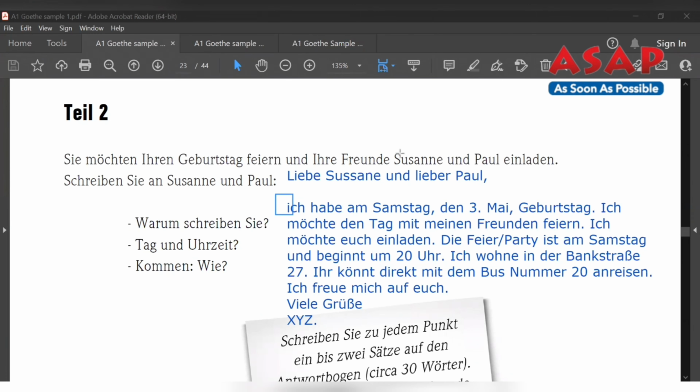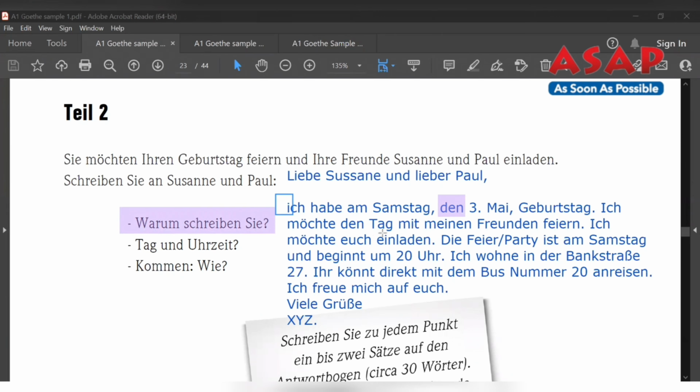Grammatically you don't have to be perfect, mainly when it comes to accusative and dative. So even if you don't have this, you can say ich habe am Samstag dritte Mai. Still it will be considered correct. Then warum schreiben Sie? This is what we are answering right now. The first point.